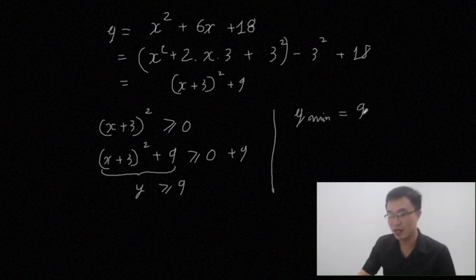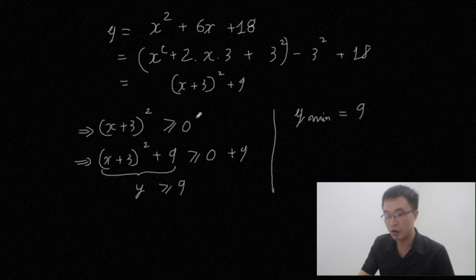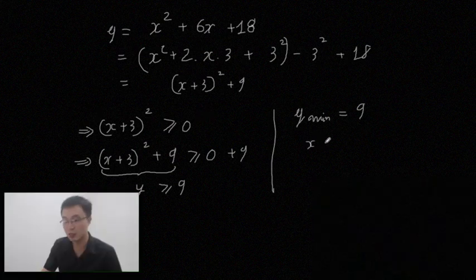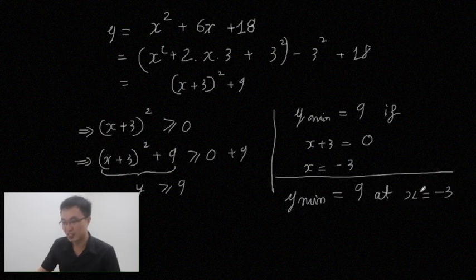So y min equals 9, and the condition for y min at 9 is that in the first inequality the equal sign will happen. It means x plus 3 has to be equal to 0, so x will be equal to minus 3, and then I can make the conclusion: y min equals 9 at x equals minus 3.